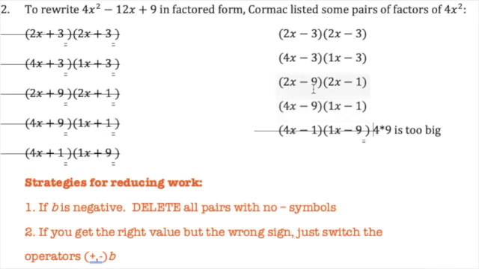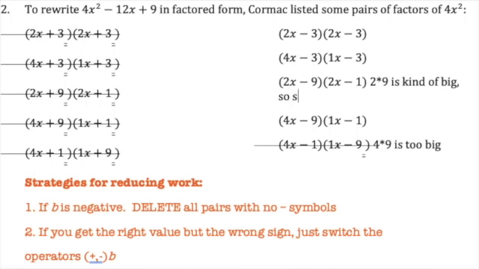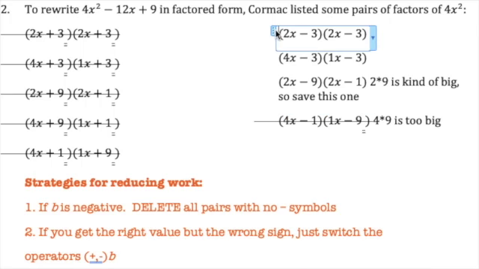This one I'd be wary of because of the 2 and 9. 2 times 9 is kind of big, so I'll save this one. I'm not going to cross it out yet. I'm going to multiply the other 3 first and see if I get a better answer.